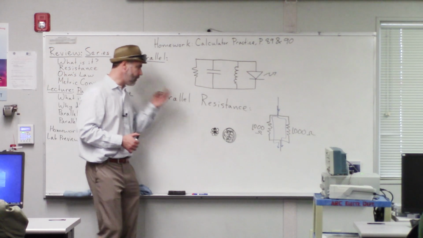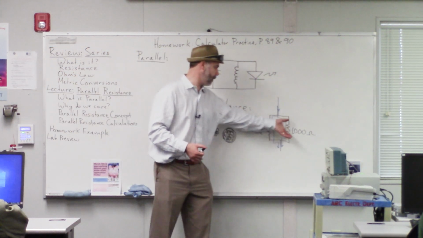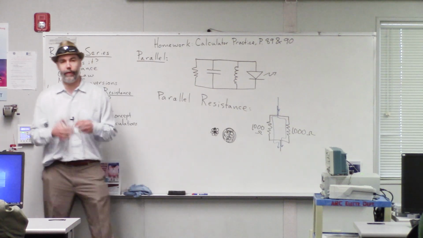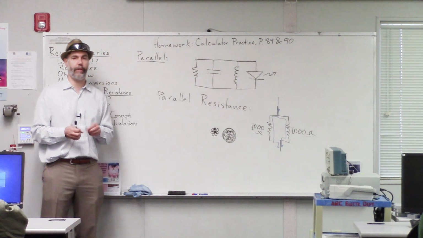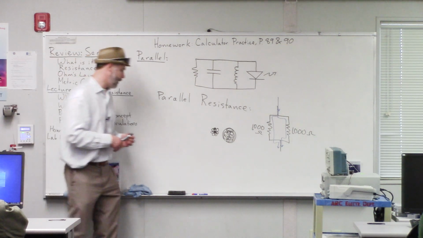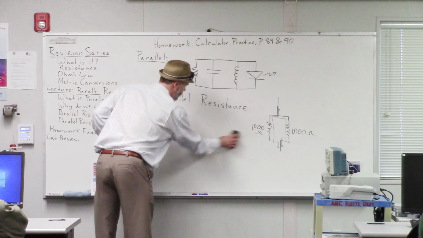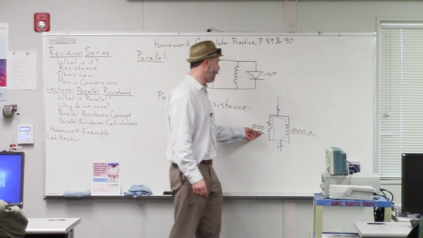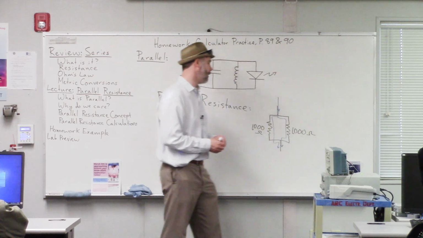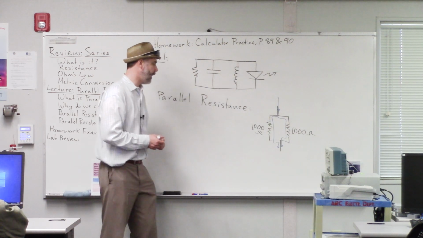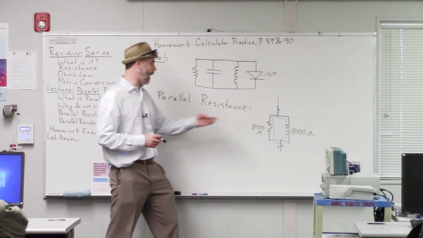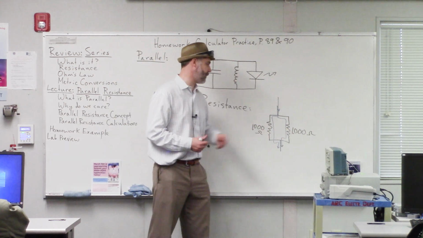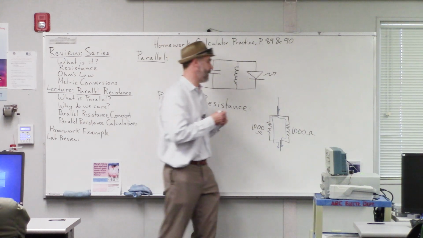So that's the general idea. The more paths you give the electricity, the easier it is for it to flow, and the less resistance it has altogether. So if we're talking about resistors in parallel and all of the resistor values are the same, then we can just divide one of those resistance values by the number of resistors, and that will give you the equivalent resistance.